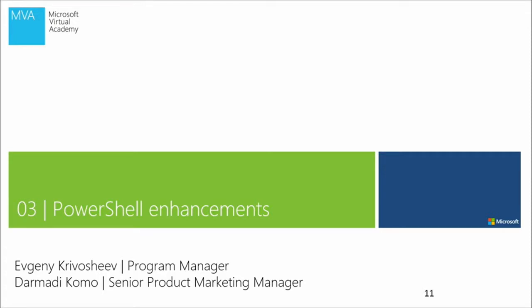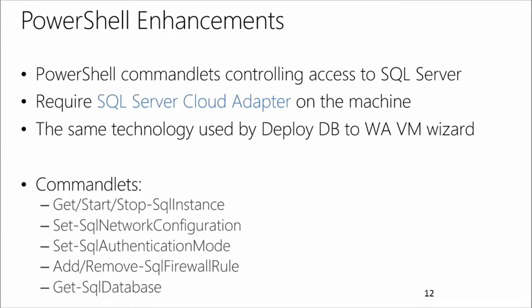Here I would like to touch a little on what we have deployed for SQL Server 2014 in terms of PowerShell enhancements. We added a few new PowerShell cmdlets that allow you to control access to the SQL Server instance.